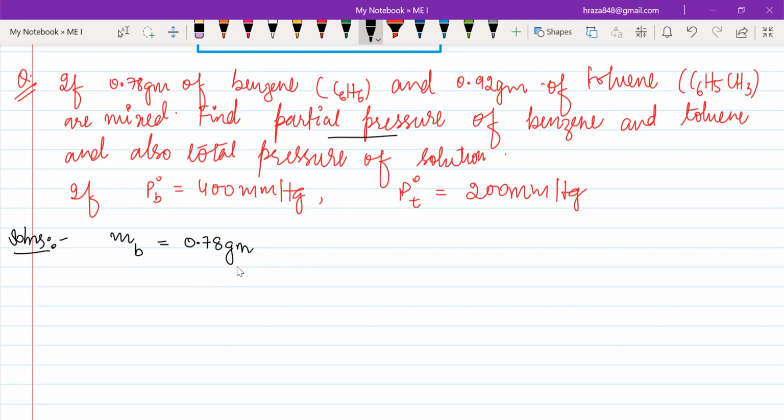Mass of benzene is 0.78 gram and mass of toluene is 0.92 gram. It is also given that pure pressure of benzene, wait a minute.